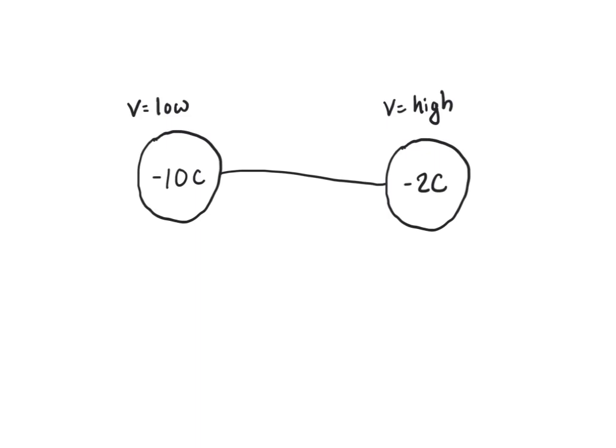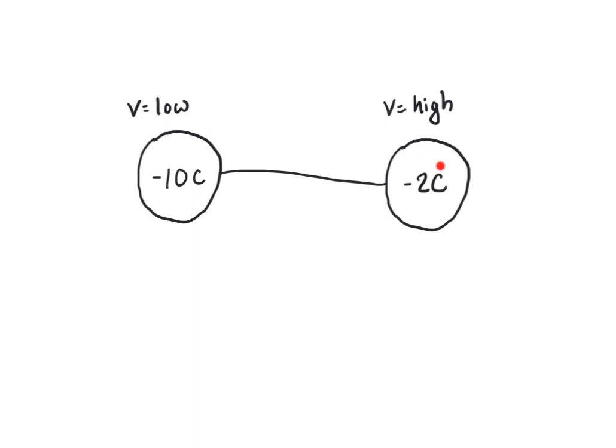We can arrive at the same conclusion if, instead of using the concept of repulsion and electric forces, we look at this in terms of the electric potential. We have a region of low potential on the left and a region of high potential on the right. If you recall the previous lesson, we established that negative charges tend to be pushed from low potential to high potential.